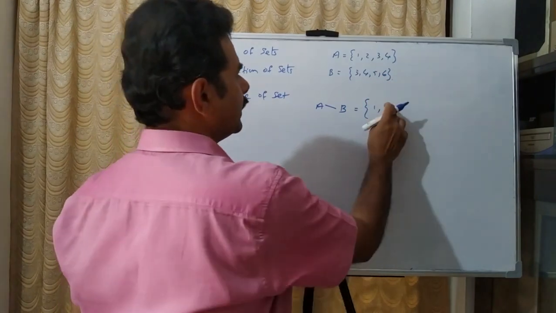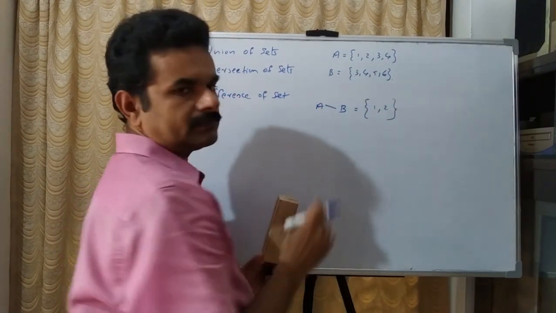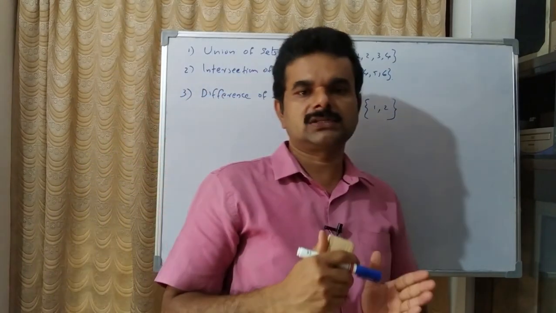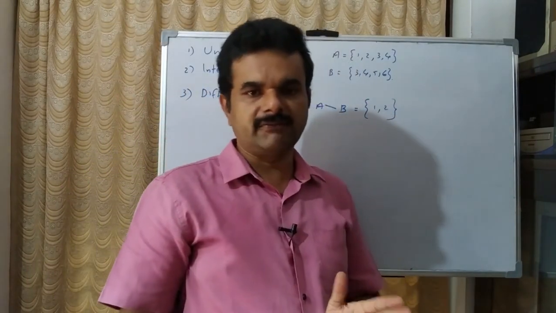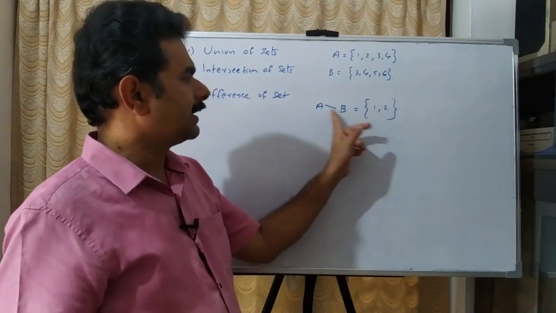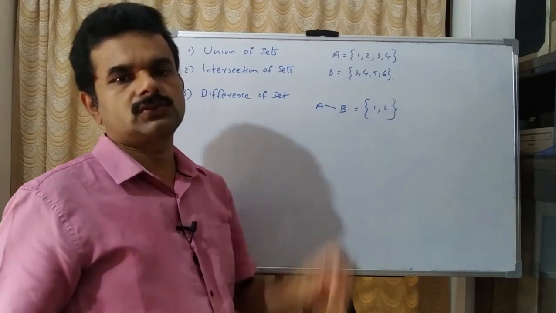So that is all about A difference B. Clear? So A difference B is a set of all elements of A which are not in B. So we have obtained A difference B is equal to {1, 2}.